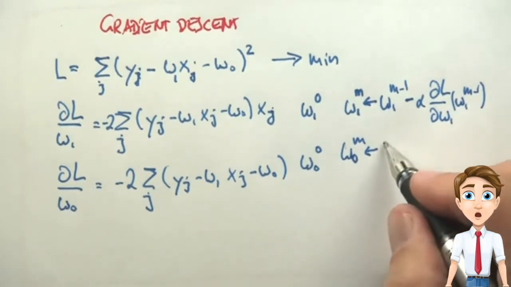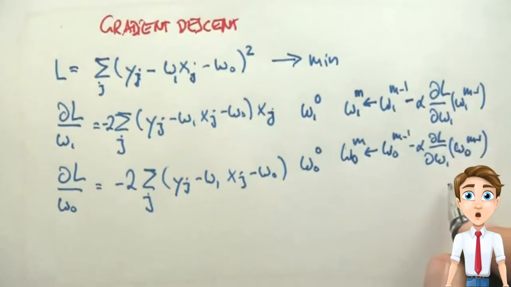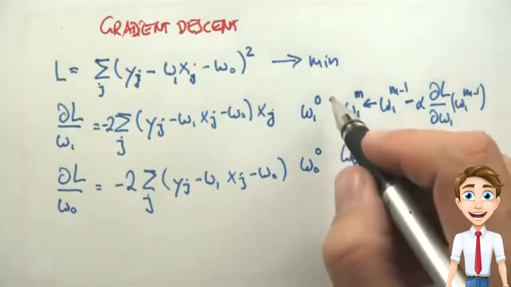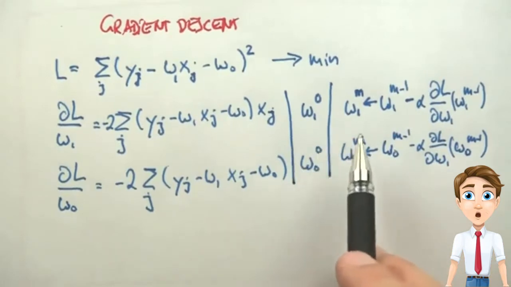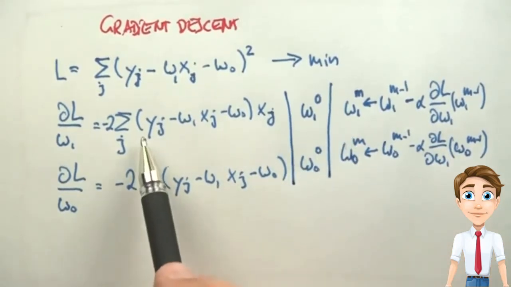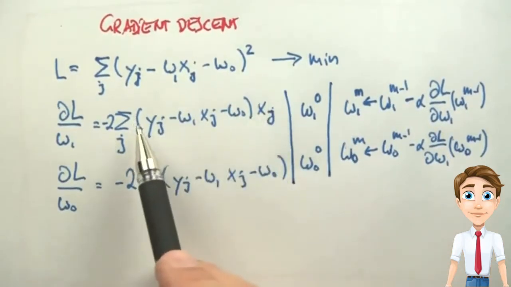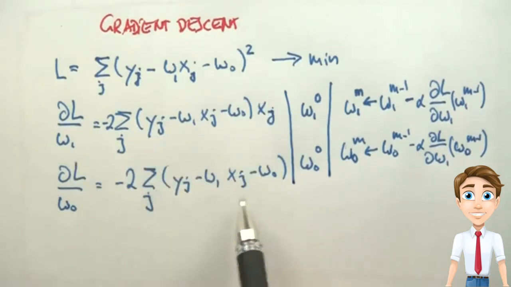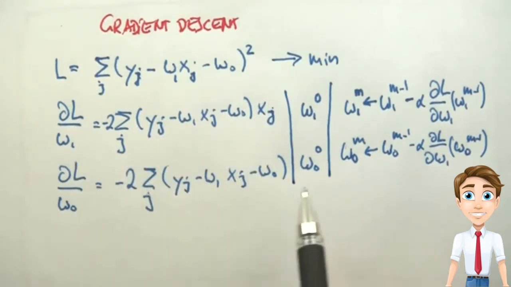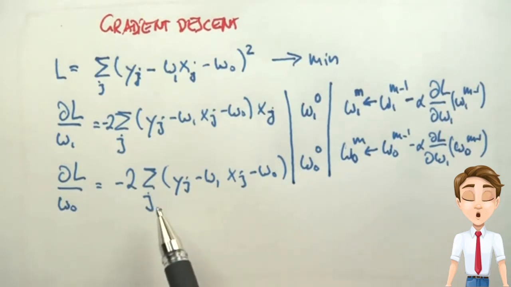Similarly, for W0, we get this expression over here. And these expressions look nasty, but what it really means is we subtract an expression like this every time we do gradient descent from W1, an expression like this every time we do gradient descent from W0, which is easy to implement, and that implements gradient descent.